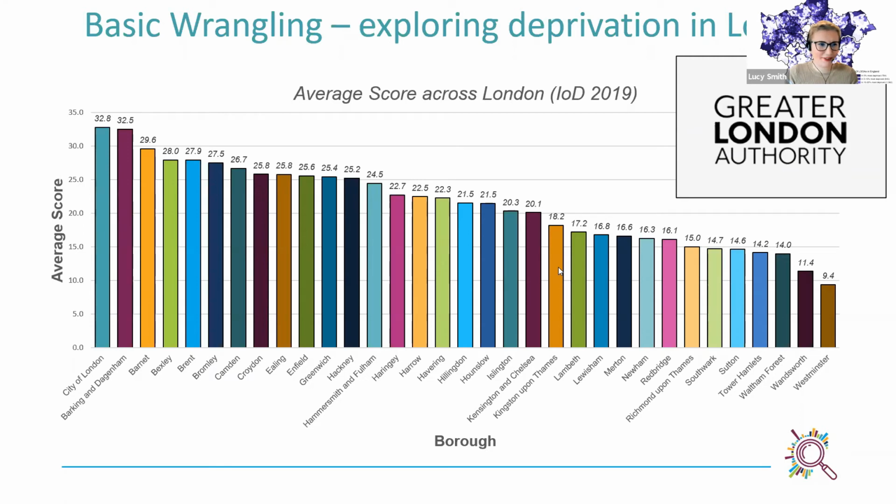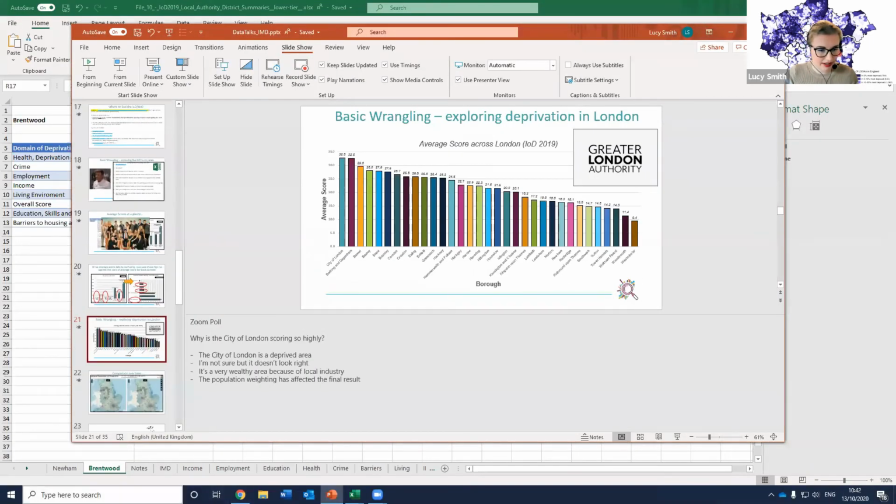Because it's a very wealthy banking, commercial area, and it's special, it's got its own independent stuff going on, I'm going to presume not a lot of people live there, and that's why the City of London seems to be performing so badly. It's because hardly anybody lives there, and so the population result is always going to skew what's there.